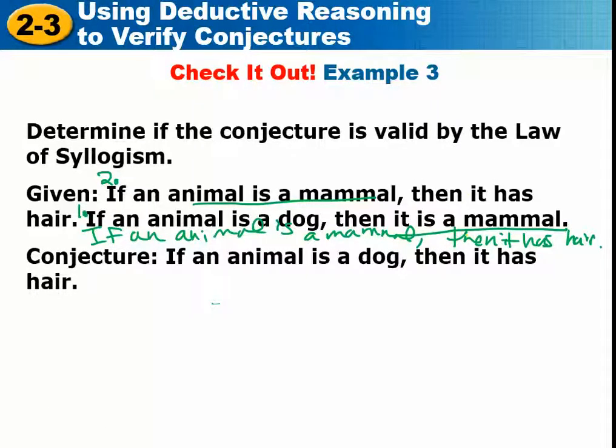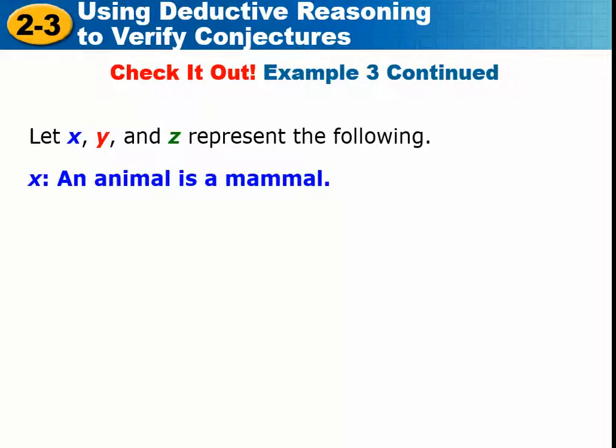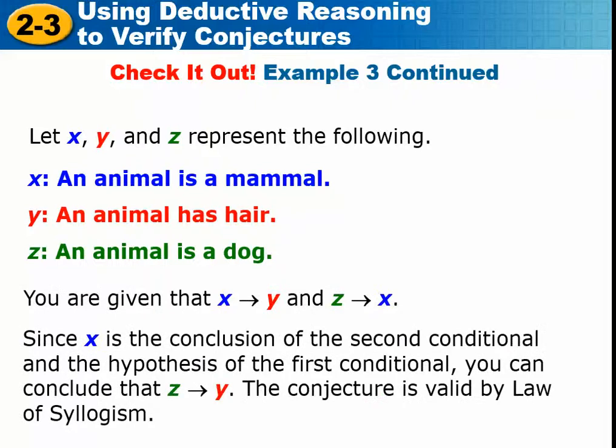So it is a mammal and an animal is a mammal. We can skip over that and go from if an animal is a dog, then it has hair. And that's exactly what they wrote for their conjecture. So then we would say, in yellow, that yes, it is a valid conjecture because it does meet the law of syllogism.